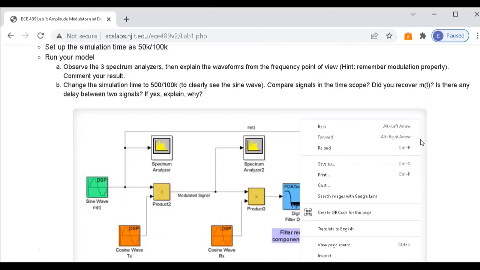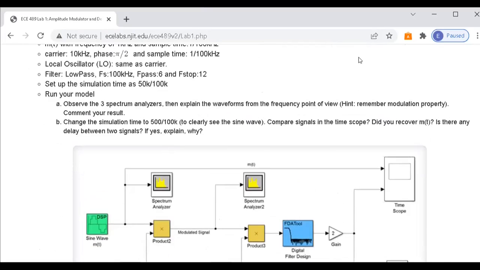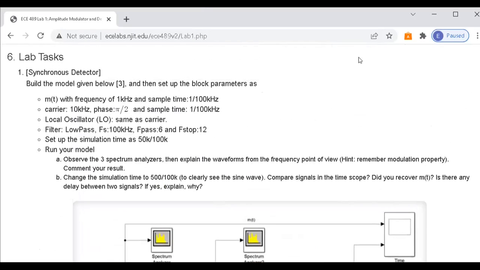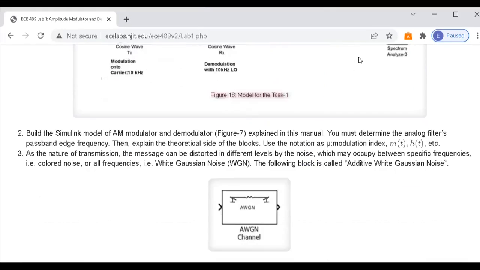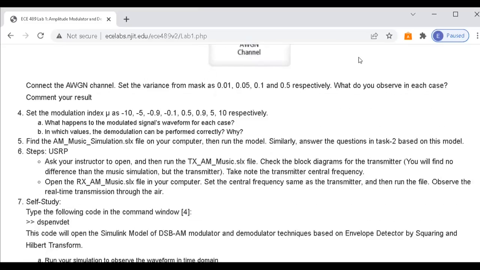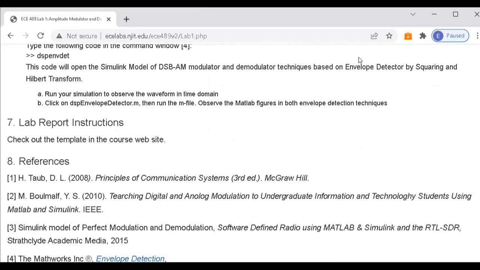So I wanted us to look at this one, like here. It gives you the specific lab task. But nobody look on it and just say, this is too difficult and don't do it.